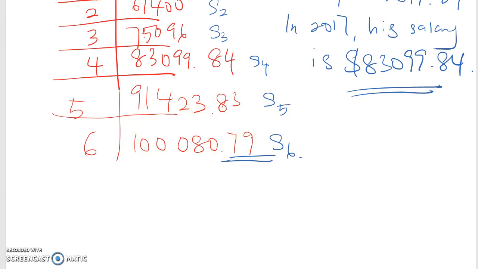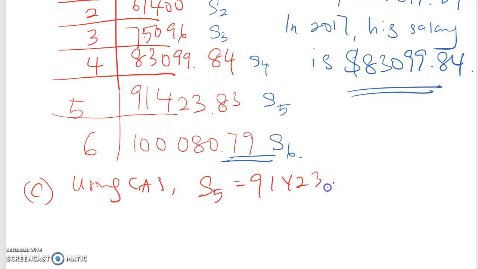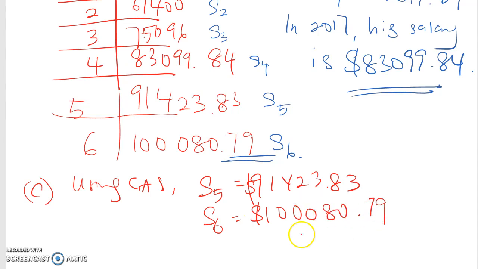So we can answer this question, and we can say that this is part C. You can write down using CAS. Okay, S5 is 91423. This is in dollars, and S6 is $100,080.79.